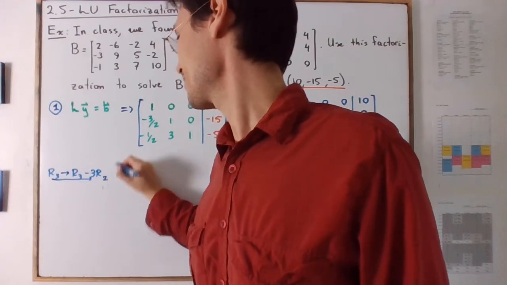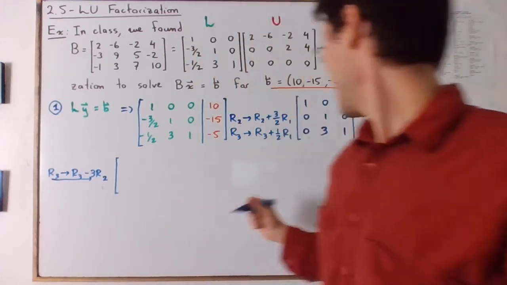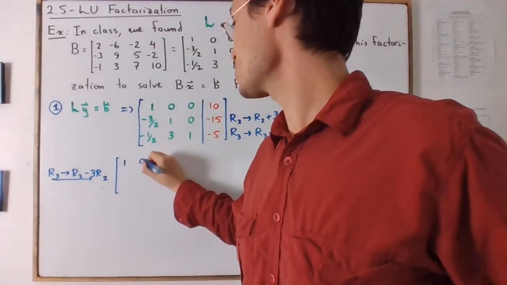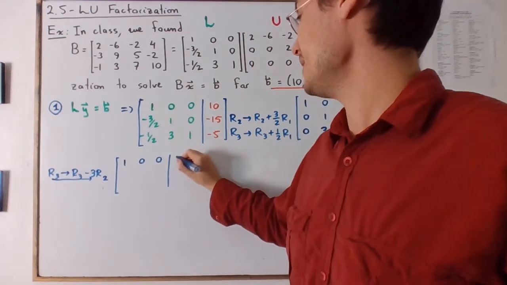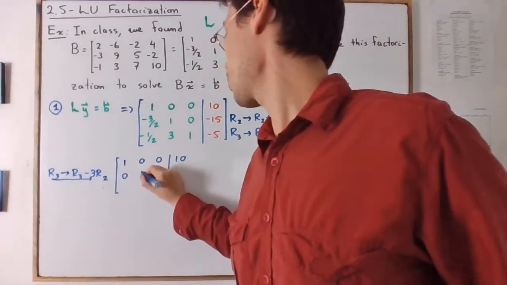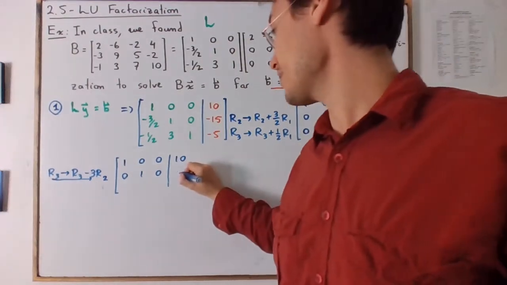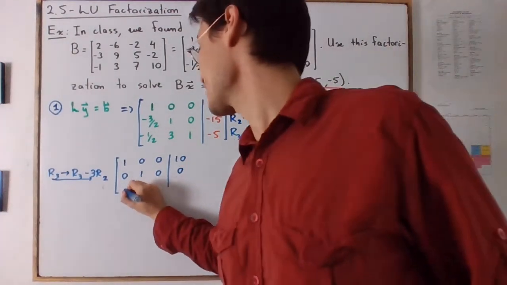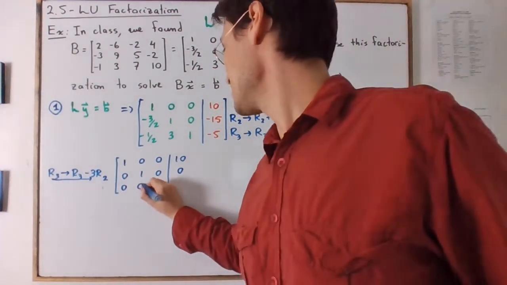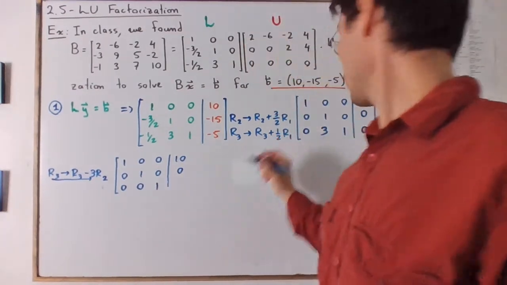And then obviously we get our solution: 1, 0, 0, 10, 0, 1, 0, and then 0. And then finally we get 0, 0, and 1 with 0.